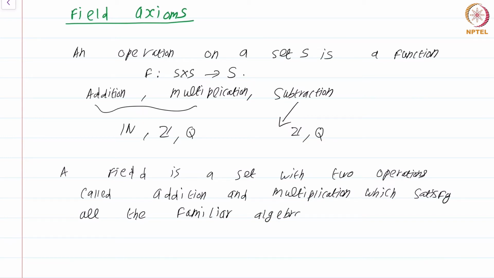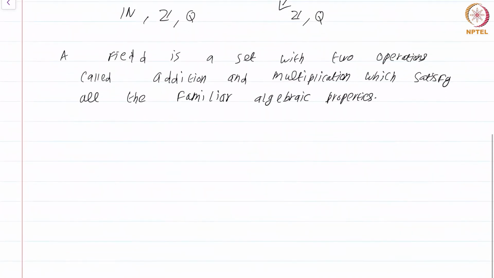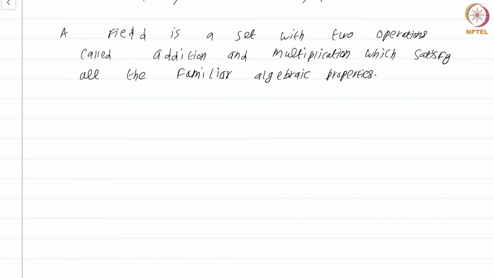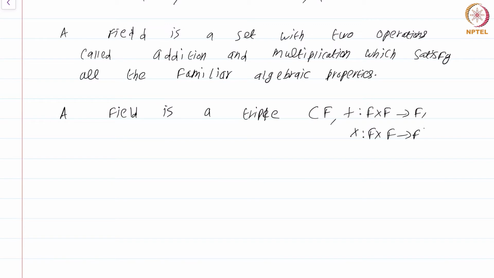What do I mean by satisfies all the familiar algebraic properties? Well, the only way to make this precise is to actually list out properly what a field is. A field is a triple. First you have the set F, then you have an addition from F cross F to F, then you have a multiplication from F cross F to F that satisfies, and I'm going to list a long set of properties, so please bear with me.